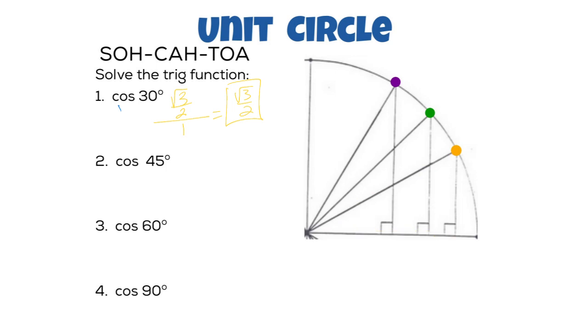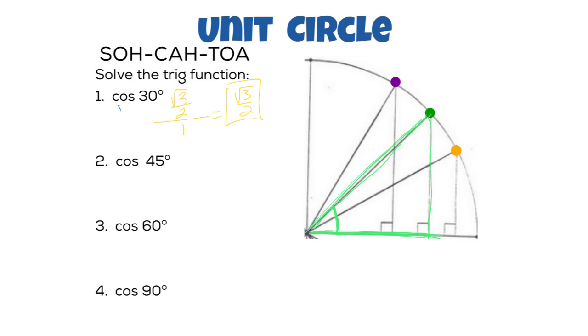I'm going to look at the green triangle now. Okay, so for the green triangle, again, doing cosine, I'm again interested in the adjacent side to this. And the adjacent side would be this. All right, adjacent is right here.